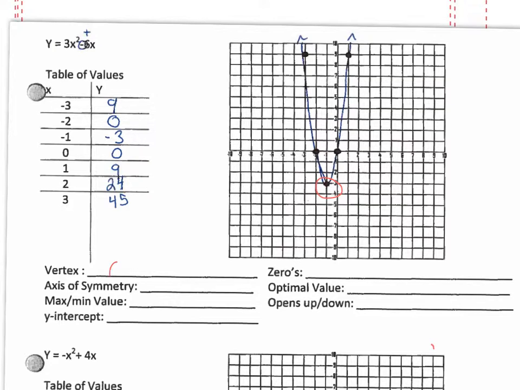So our vertex is (-1, -3). Our axis of symmetry is passing through our vertex right here, dividing our parabola in half. The x value of the vertex gives the axis of symmetry, x equals -1.